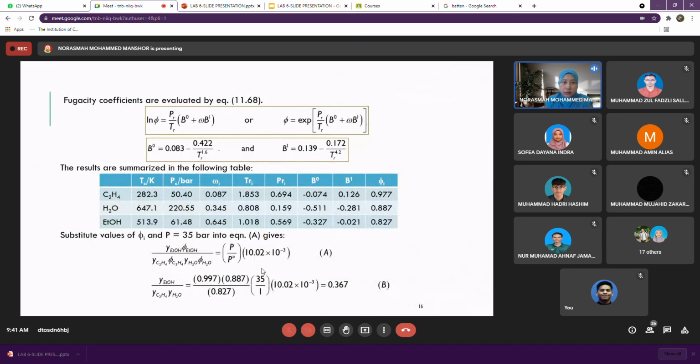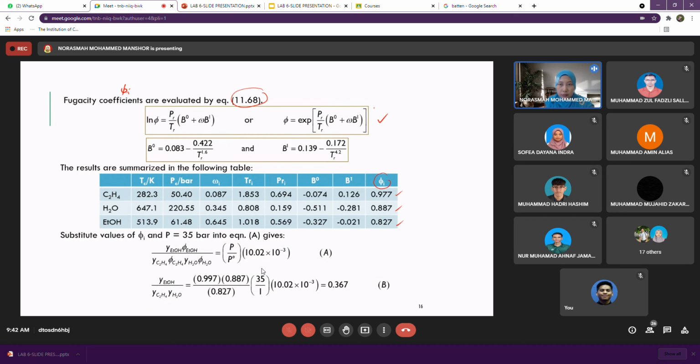Alright, the fugacity coefficient yang VI tadi, okay, you calculate guna equation 11.68. Okay, yang ni kita belajar dalam chapter yang fugacity dulu. Okay, you kena ada value PR, TR, B0, omega, B1. Okay, so guna equation ni, cari dia punya V untuk step 1. Okay, dapat ni dengan ni.